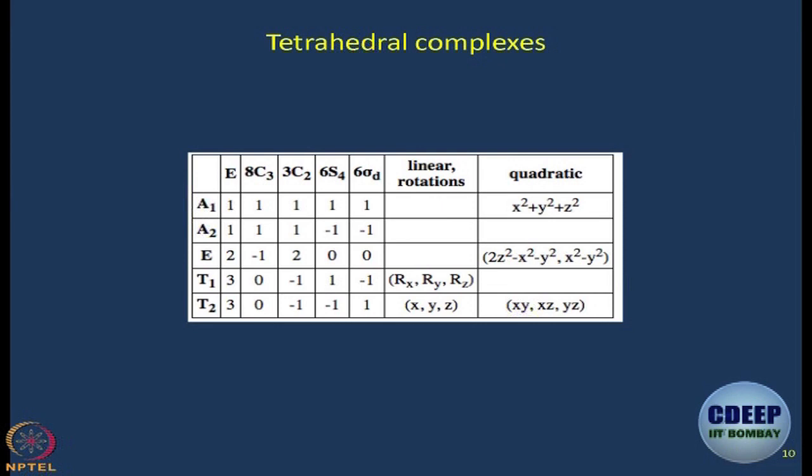Okay. So, once again you will have 2 groups of d orbitals in a tetrahedral complex, but which one will be lower, which one will be higher? Will the order be the same for octahedral?